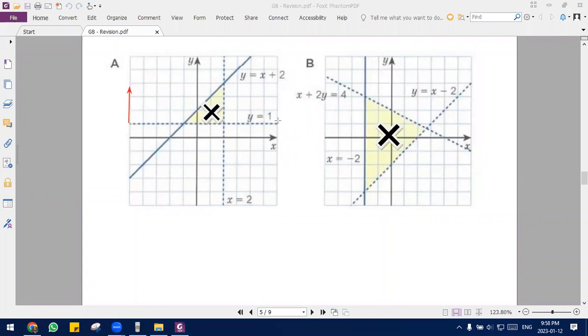So I need to define the equation to give me that region up. So when I go up, the value of y will increase or decrease? Yes, when you go up, it will increase. So I need y greater than 1. So let me write. So this is the first equation that we get from this line. y is greater than 1.